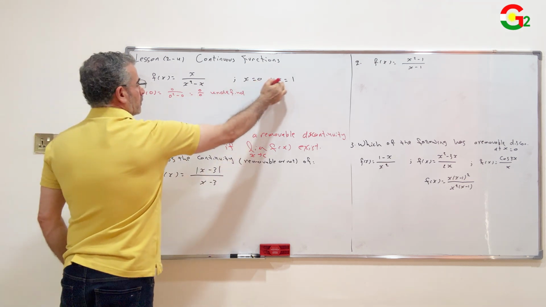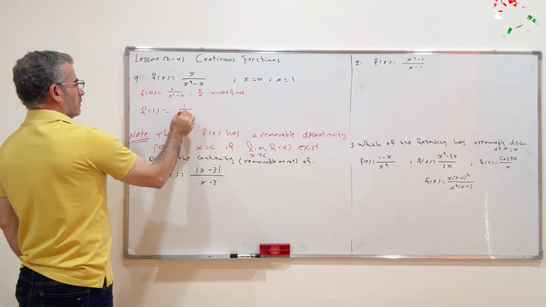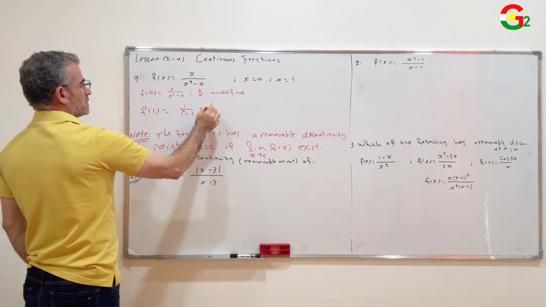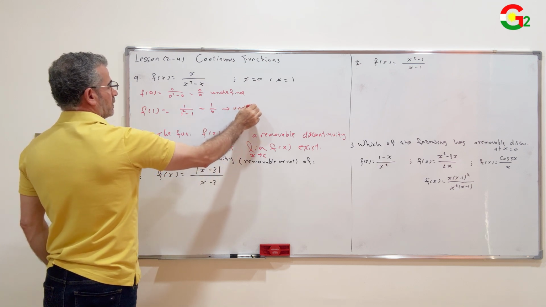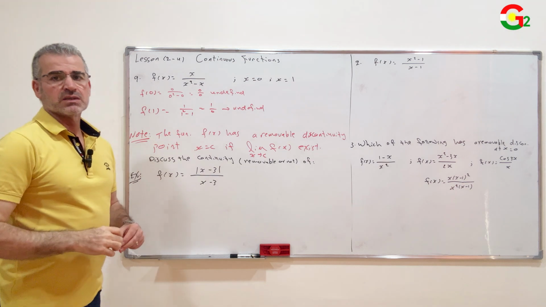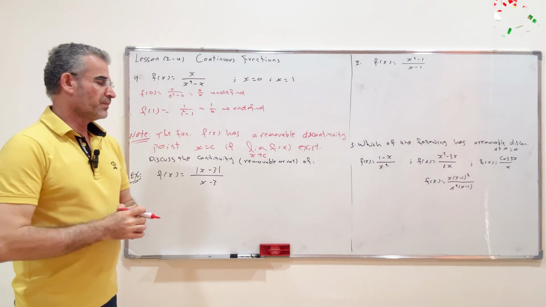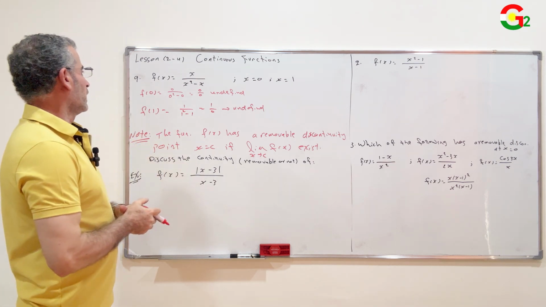For x equals 1, f of 1 equals 1 over 1 squared minus 1, which equals 1 over 0, also undefined, and the function is discontinuous at 1 because the first condition is not met.